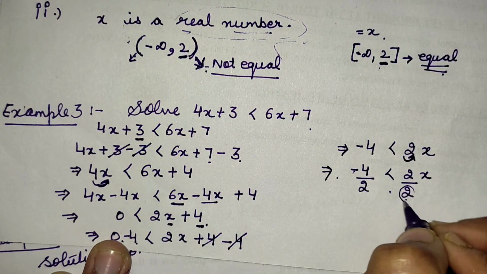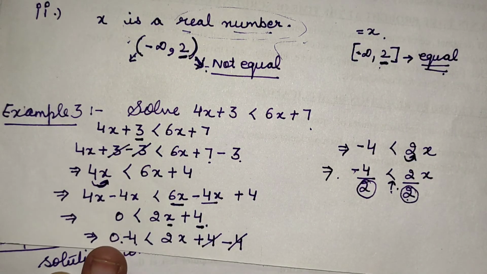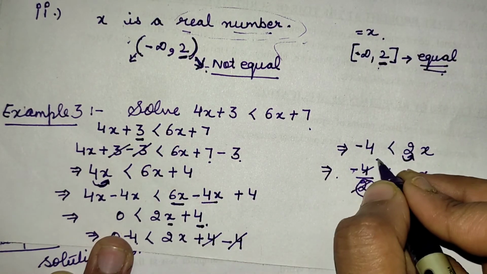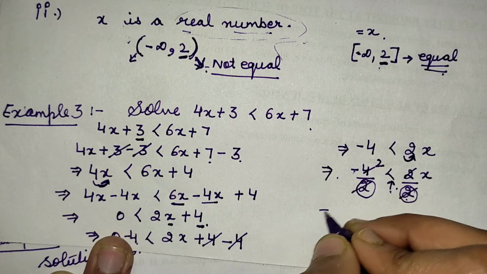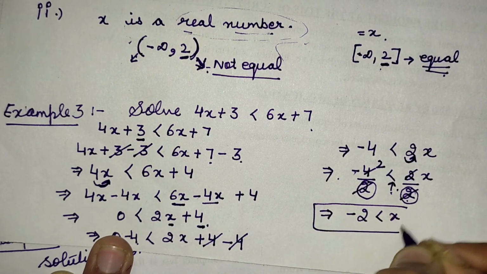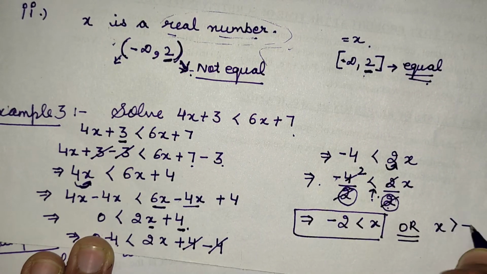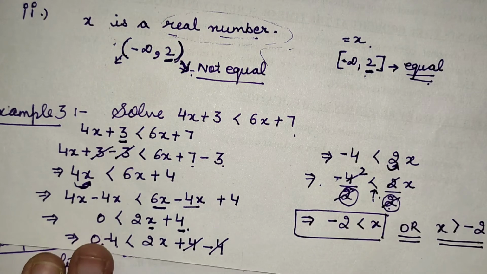See, I am dividing by a positive number, so no sign reversal will take place. So I will get -2 is less than x, or I can say that x is greater than -2.